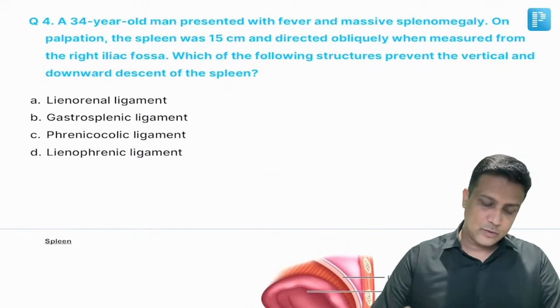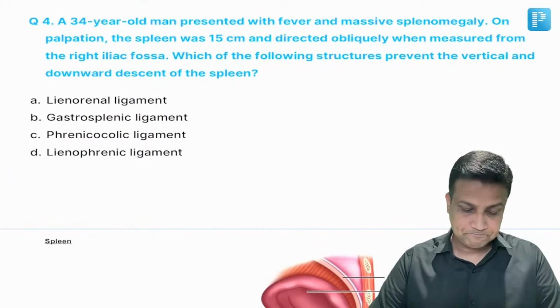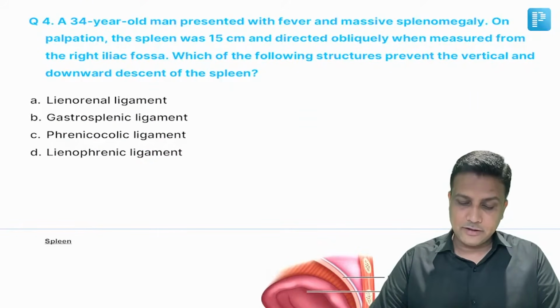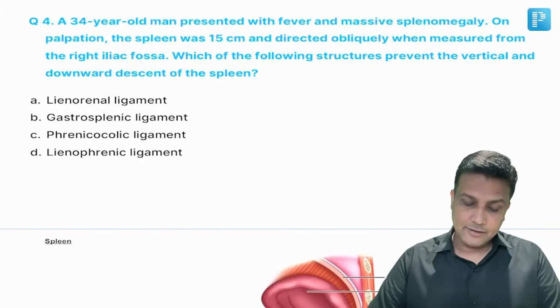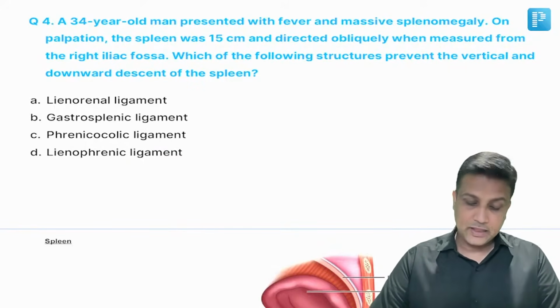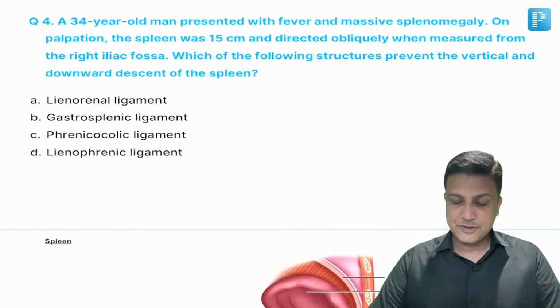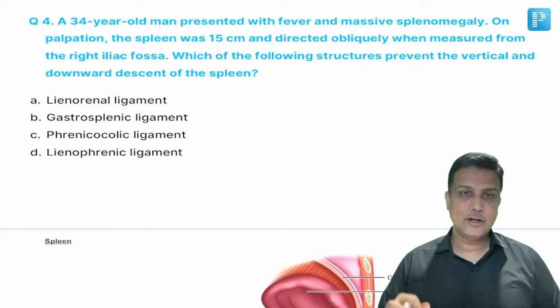Now moving ahead with the next one: a 34-year-old man presented with fever and massive splenomegaly. On palpation, the spleen was 15 centimeters and directed obliquely when measured from the right iliac fossa. Which of the following structures prevents the vertical and downward descent of the spleen?